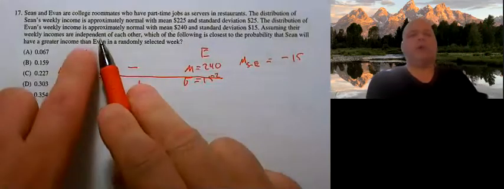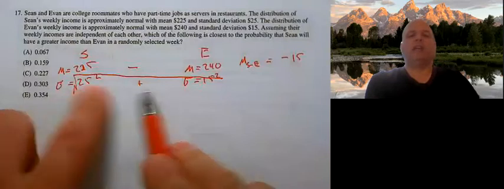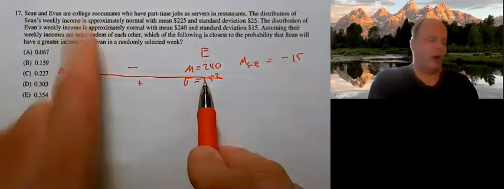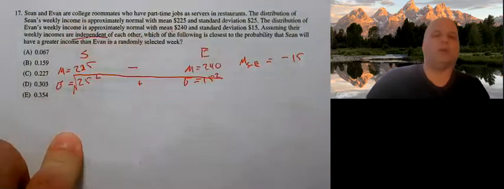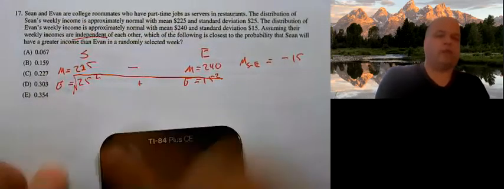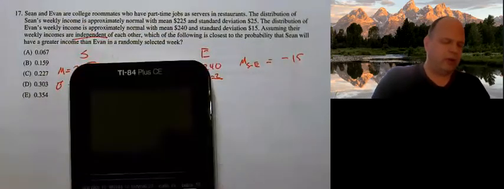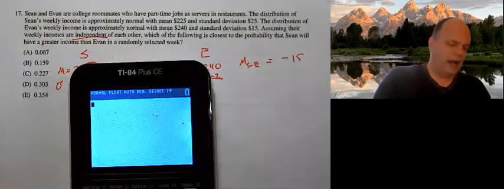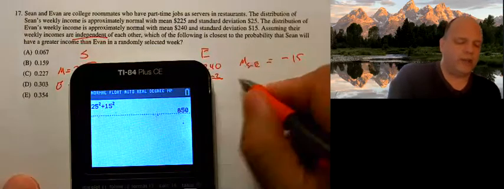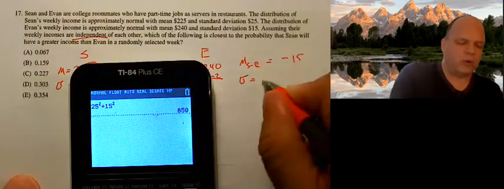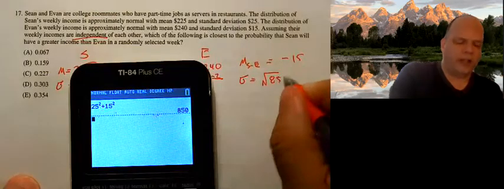And the reason they told me they were independent is I cannot combine standard deviations at all unless they are independent. Because they're independent, we can combine them, but we have to square them and add them. So when I do that, I have 25 squared plus 15 squared. And the standard deviation is the square root of 850.